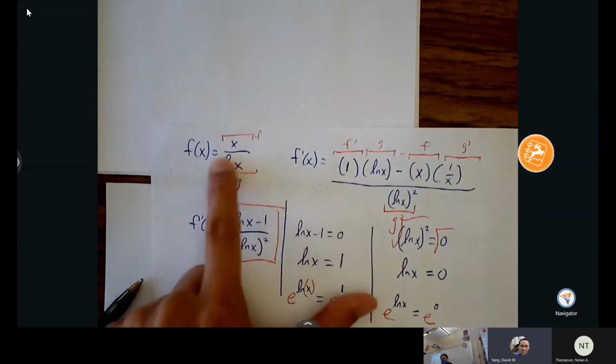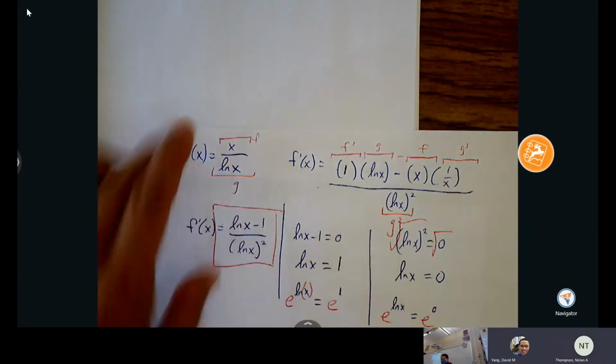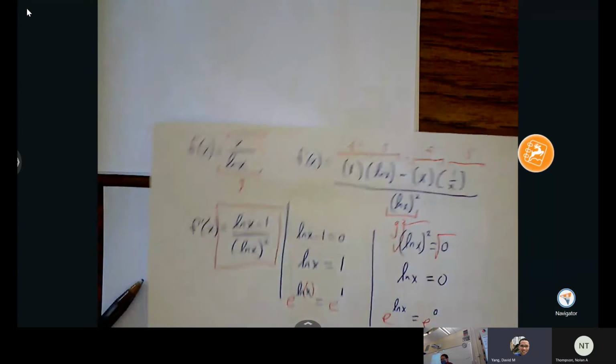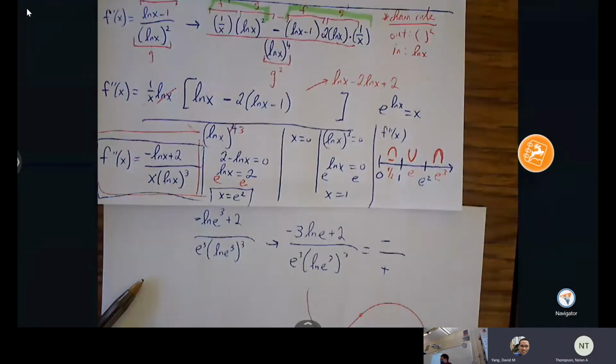Natural log of 1 makes the denominator 0, and anything that makes the denominator 0 is a vertical asymptote. Yeah, so point of inflection at e squared.